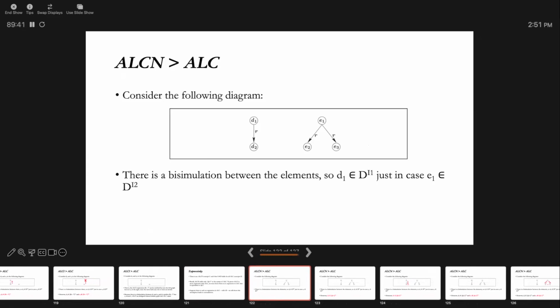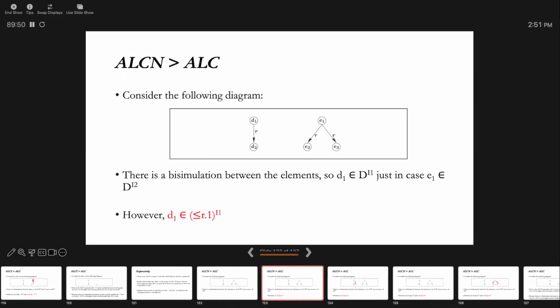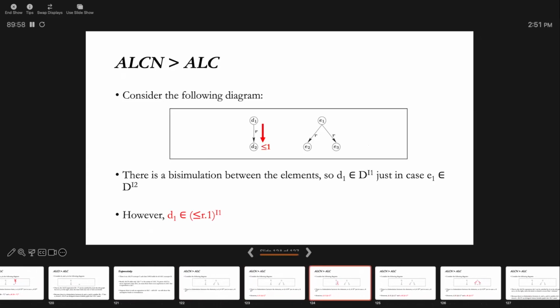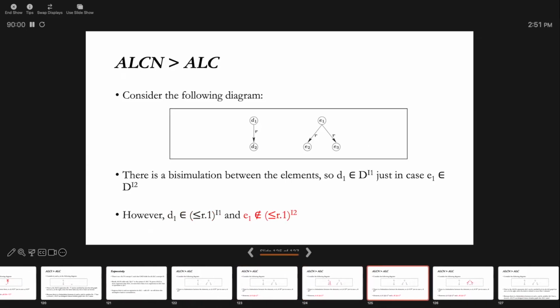There's a bisimulation between E1 and E2, just in case, E1 is in the domain as well. And while E1 is related to less than or equal to 1 things, E2 is related to more than that.